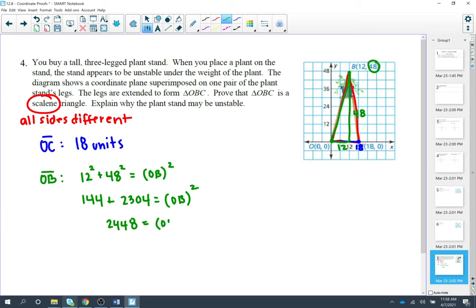And then in order to get rid of the squared, we're going to take the square root of both sides, which gets us, if we simplify, 12 root 17. But if we go with a decimal, OB is approximately 49.477.